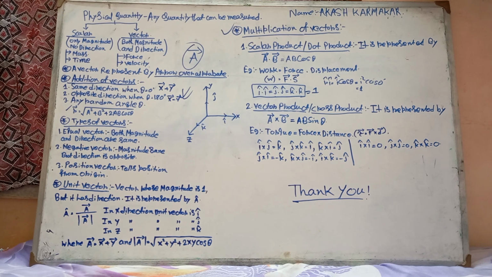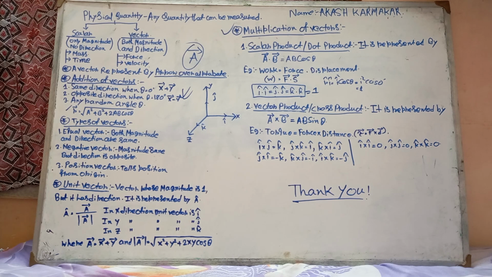It is represented by a vector dot b vector equal to ab cos theta. An example is work, which is equal to force dot displacement. Work has no direction, but force and displacement have direction.